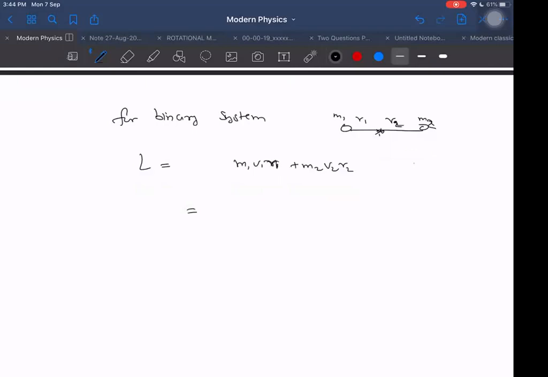I know that m1 v1 will be equal to m2 v2 if the center of mass is at rest, which will be equal to mu into v relative, into r1 plus r2, which is r relative. So mu into v into r, where r is the distance between these. That is the angular momentum.